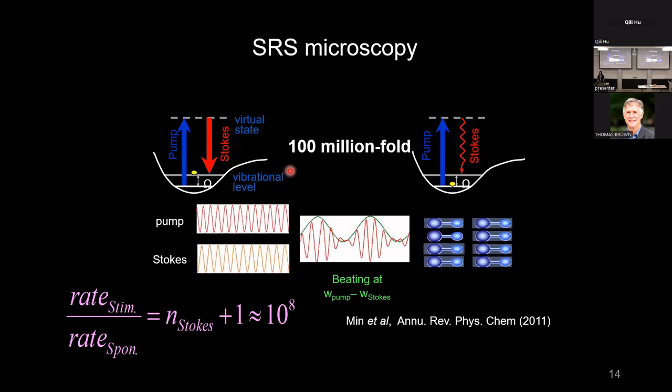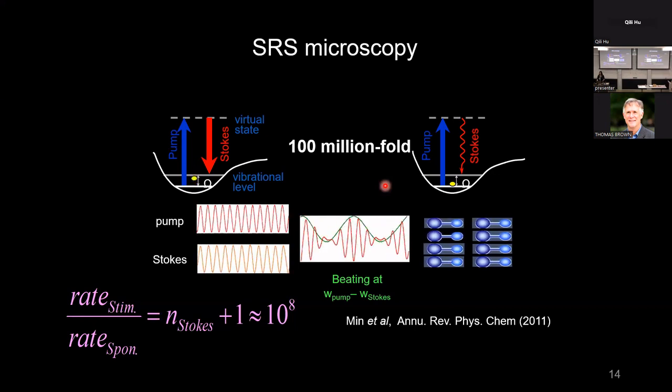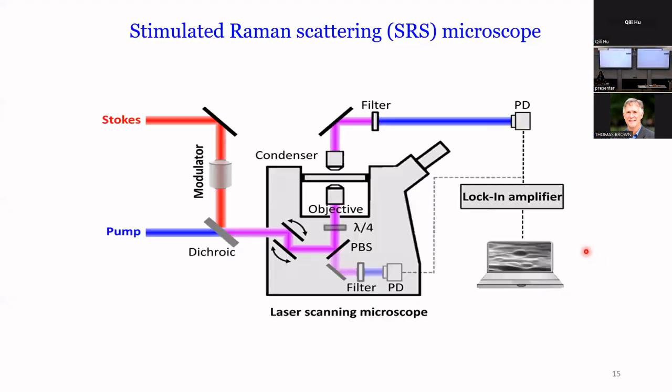So with the joint effort of 2 laser beams, you can have the transition rate increase by 10 to the 8th magnitude. That can end up with a signal level of 1,000 or 10,000 fold. So with that kind of sensitivity, you can easily set up a microscope to do video rate imaging.